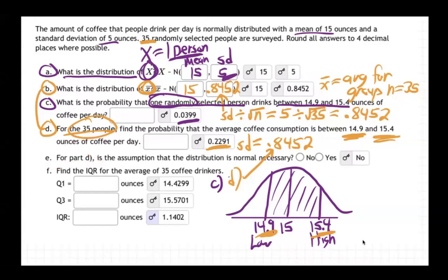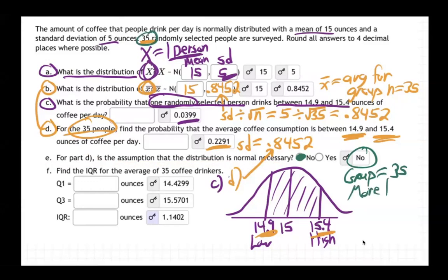Now, for part E, it says, for part D, what we just did for the 35 people, is the assumption that the distribution is normal necessary? Well, you can see the answer there is no. Why not? Because the group size is bigger than 30. The group is 35 people, it says right here, 35 randomly selected people.